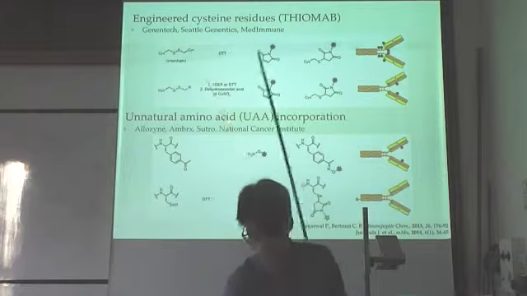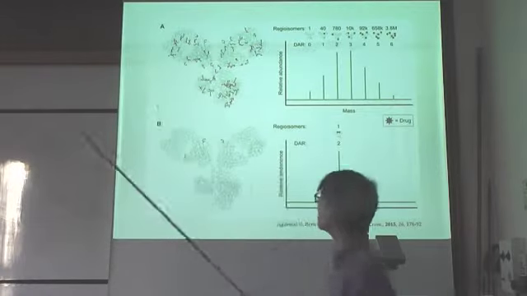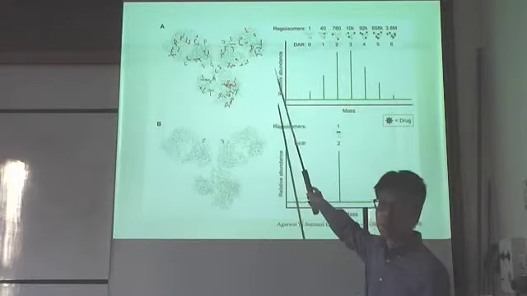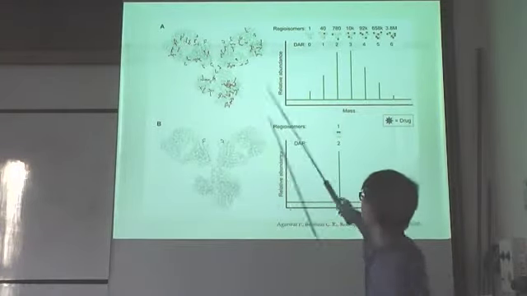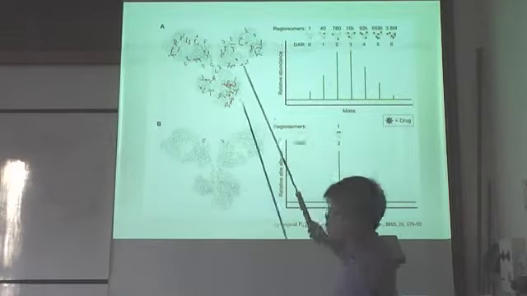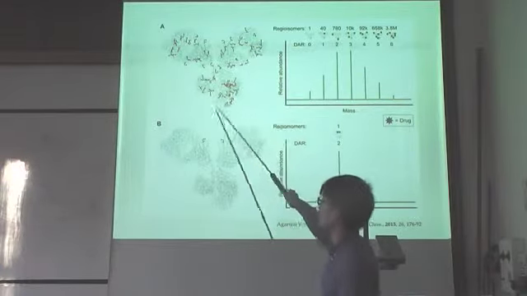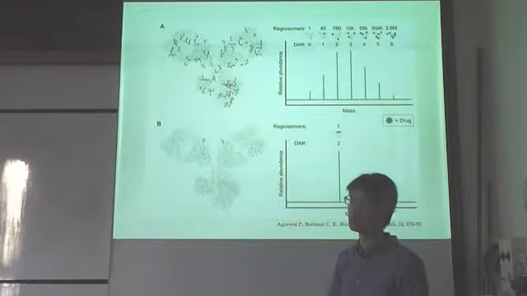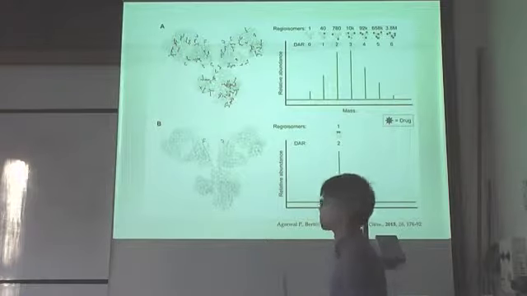I mean, if you look at this, you really don't want to be purifying a complex that contains 780 different possible regioisomers. If the drug to antibody ratio is 2, both drugs can be here, or both here, or here and here, it can be anywhere. So the regioisomer problem is very challenging.